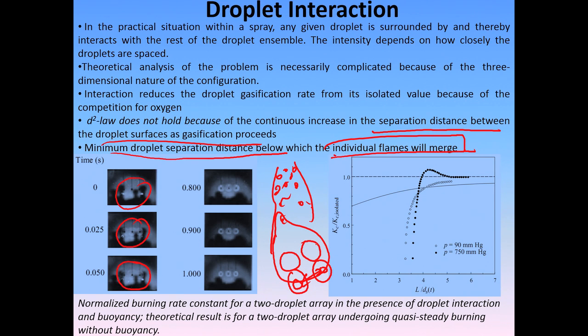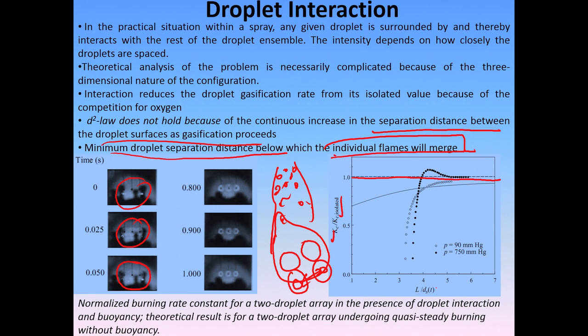In this particular case, if I plot Kc by Kc isolated, where Kc means the burning rate of the ensemble and Kc isolated is the burning rate if we take a single droplet out of that, then if you look at this particular curve, once again one is when both are the same.